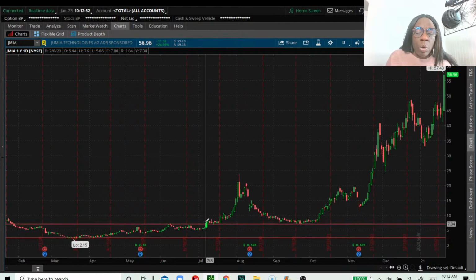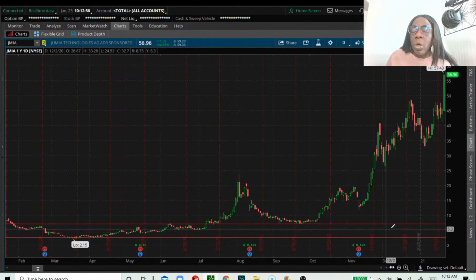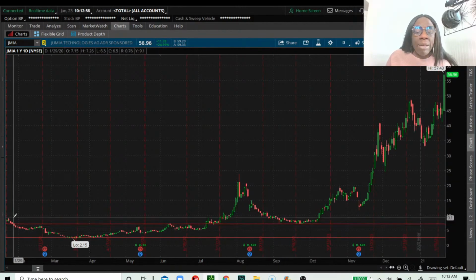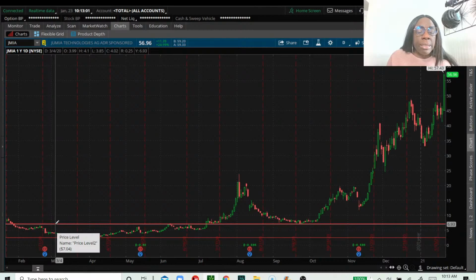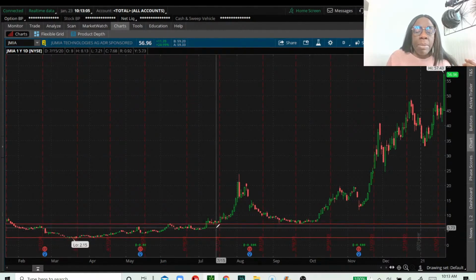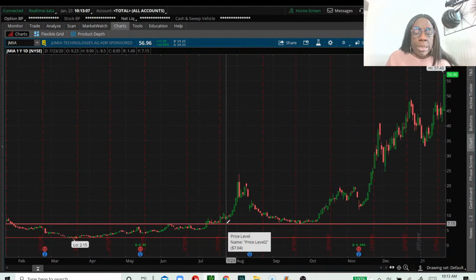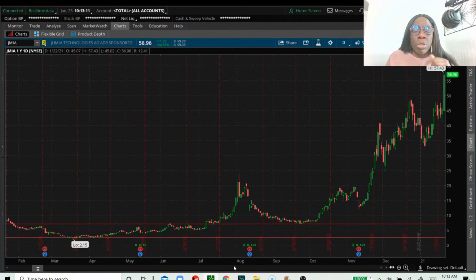Take note that since the day it broke above, it hasn't fallen below that point. So this is going to be a very strong level. It's going to take a lot for price action to come down to this point and break below it. Price action kept going up, so we're going to draw some more levels.